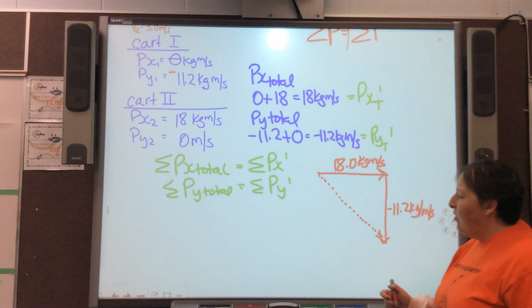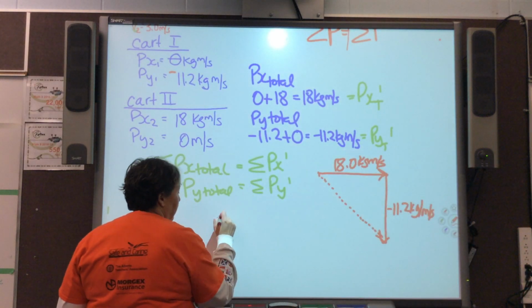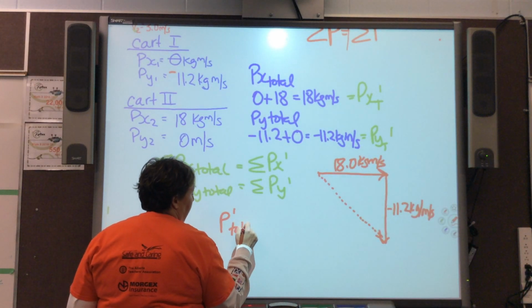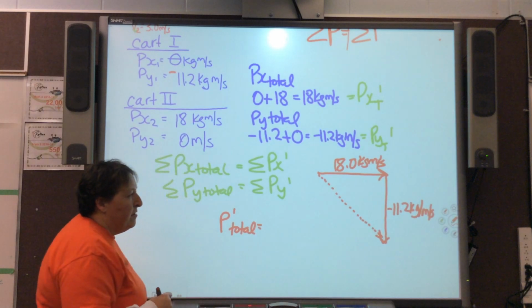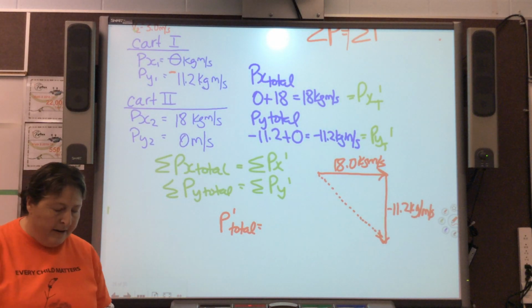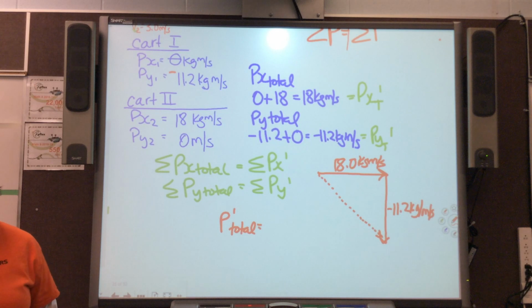And we can figure out P prime total by doing our Pythagoras.